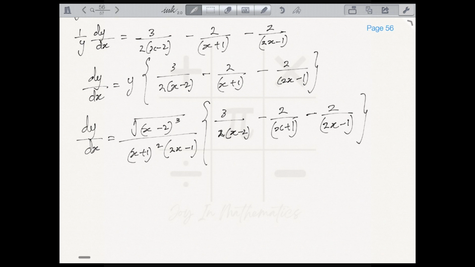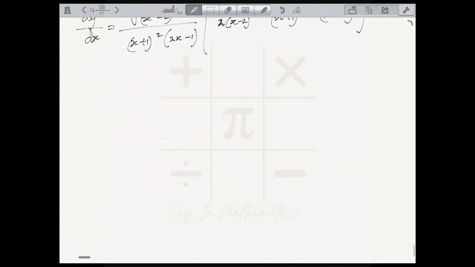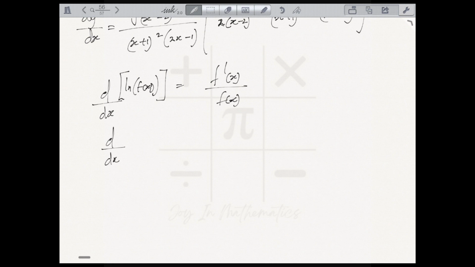Therefore, let's take a quick recap on this form of differentiation with logarithm functions. We recall that when we want to differentiate with respect to x of natural logarithm of f of x, the final answer will be f prime of x divided by f of x. Also, when we differentiate with respect to x of ln y, we have 1 over y dy dx.